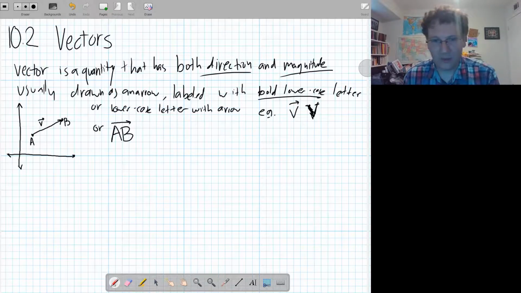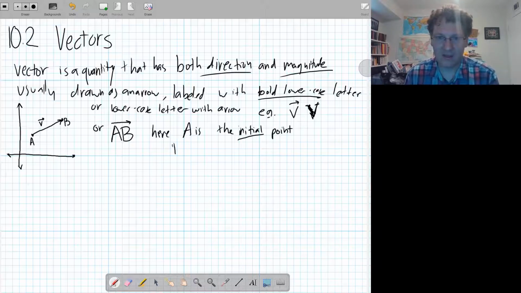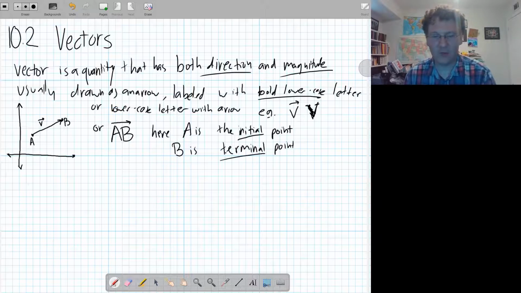And so here A is the initial point, and B is the terminal point.